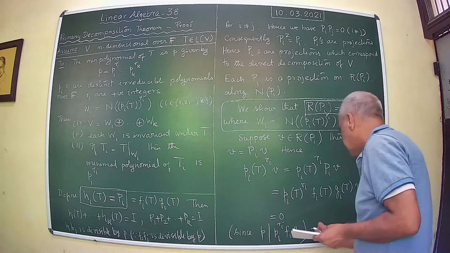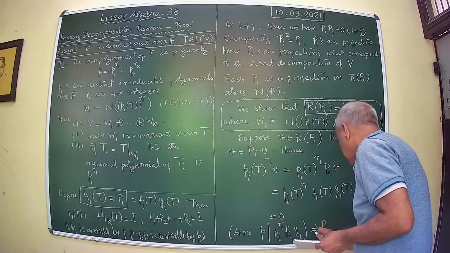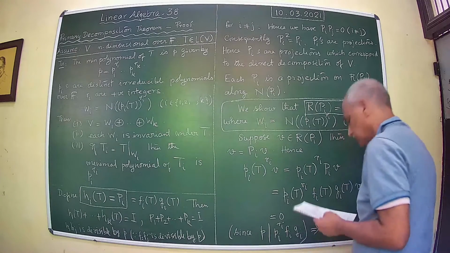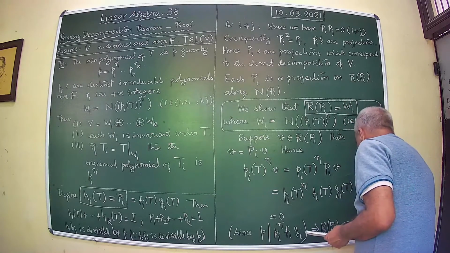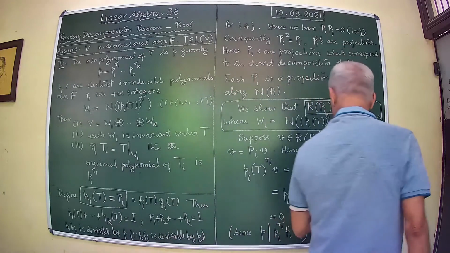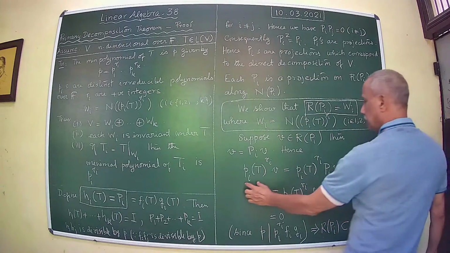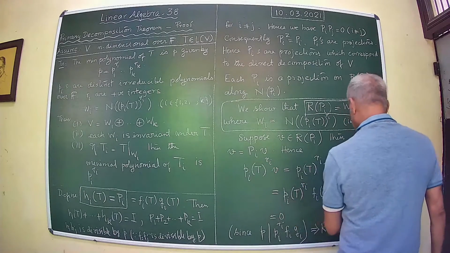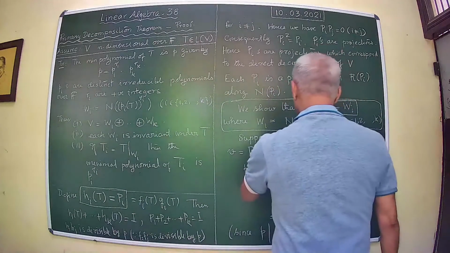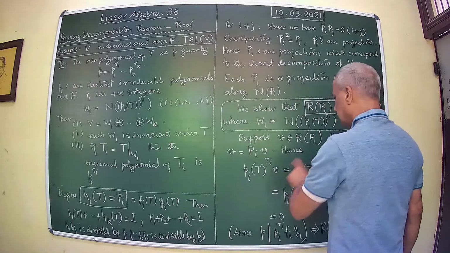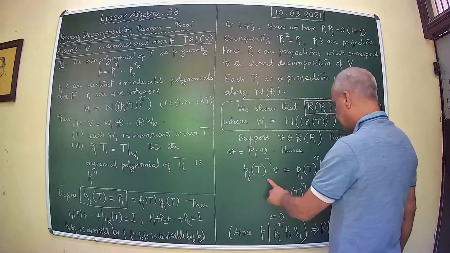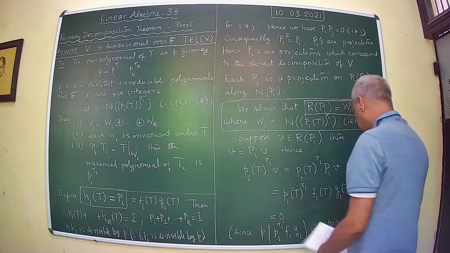So that implies the projection of the range of Pi is. So what we have proved is Pi T to the power ri v equal to 0, after the assumption that we have so far. Therefore, this is essentially the null space of Pi T to the power ri, which is called Wi.